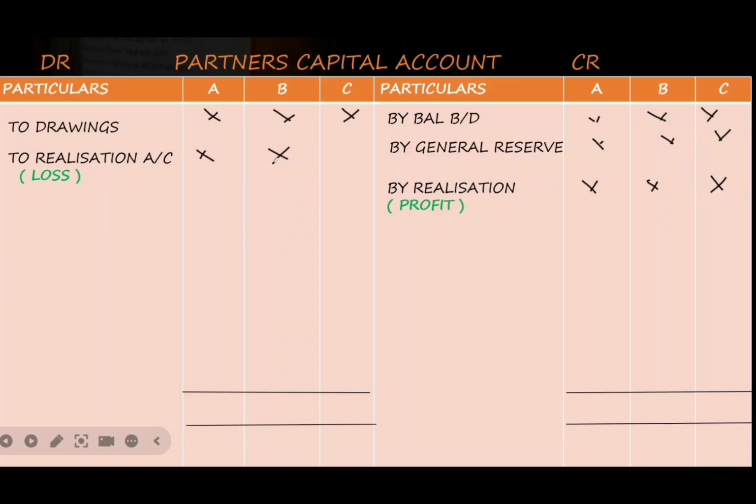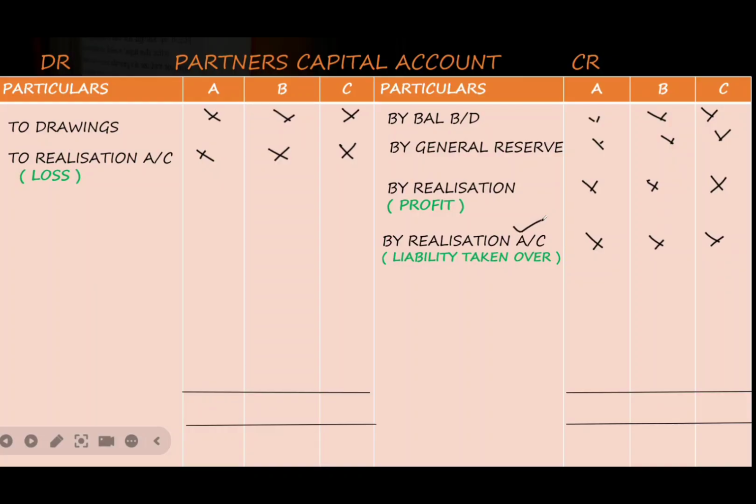If any liabilities are taken over by a partner, which we have written on the debit side of the realization account, they will be transferred to the partner's capital account on the credit side as by realization account. It is the liability that is taken over by the partner.